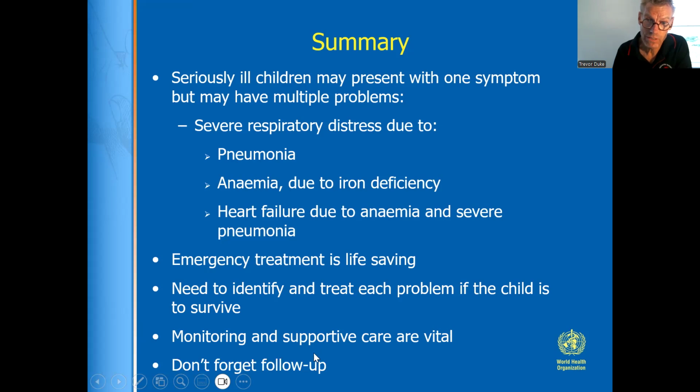And don't forget early discharge planning, not discharging early, but early discharge planning, and try to explain to the child's family what the child needs to do before the child's discharged. And don't forget follow-up. Every child needs some sort of follow-up. Ratu would also need to have his vaccines before he went home, of course, wouldn't he?